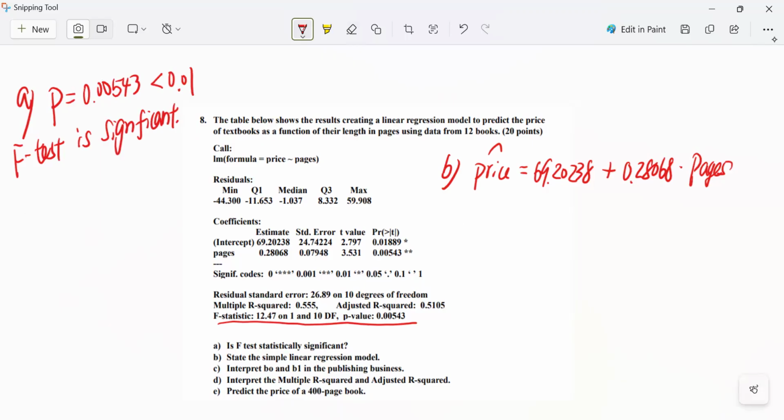And then part C, interpret B0 and B1. For B0, that's $69.20, and it's the price when the number of pages equals 0. So B0 here could be interpreted as a fixed cost, like the cost of the machine, the electricity, the rent of the shop, all those. So this is the fixed cost per book.